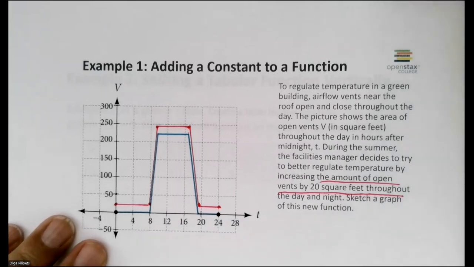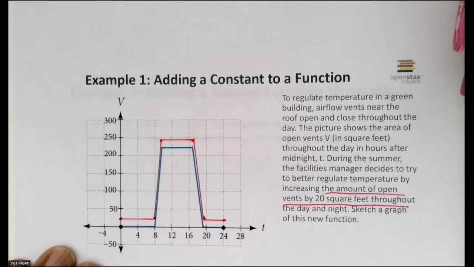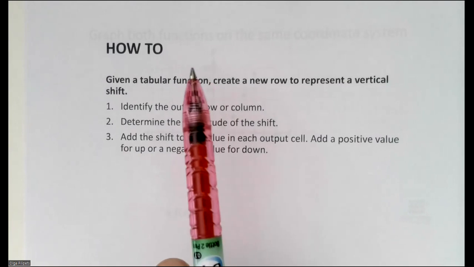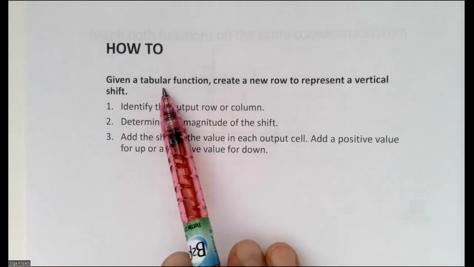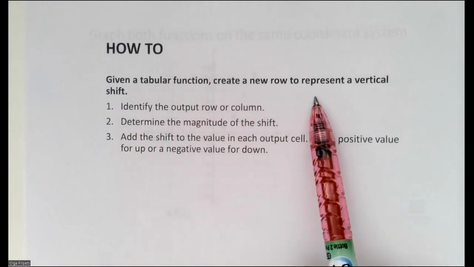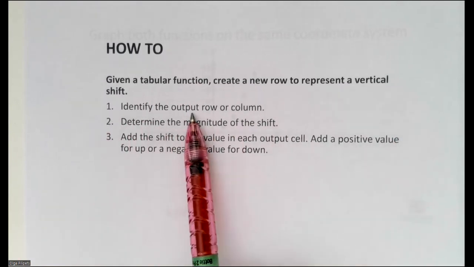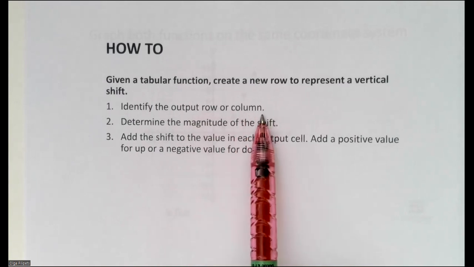Sometimes functions could also be given in the form of a table. So let's see what we do in that case. Given a tabular function, how do we create a new row to represent a vertical shift? Step 1, identify the output row or column.